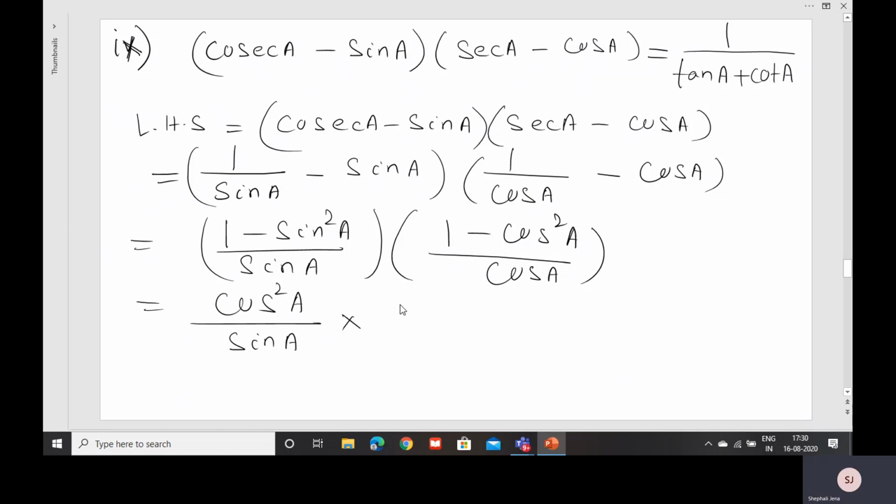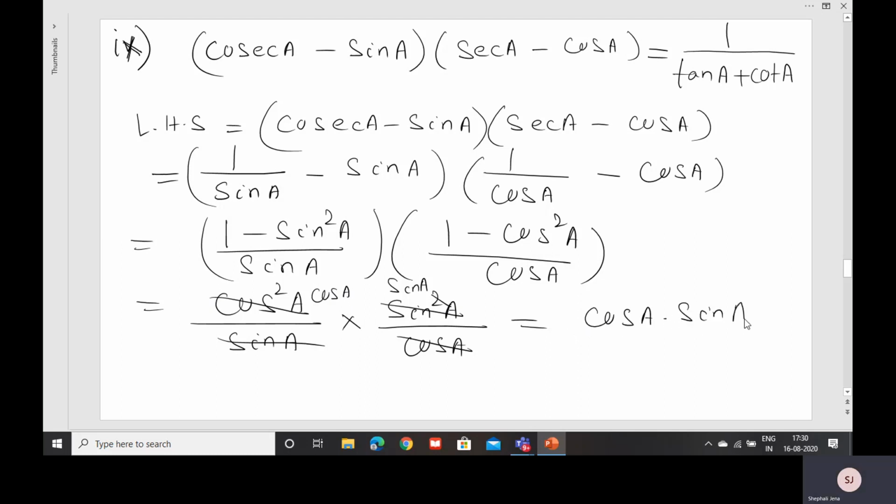So 1 minus cos square A is sin square A divided by cos A. Now sin square A cancelled, you got sin A, and cos square A cancelled, cos A. So you got cos A into sin A. If you do it like this, you could again divide by sin A by cos A, but you should keep it as equation 1.